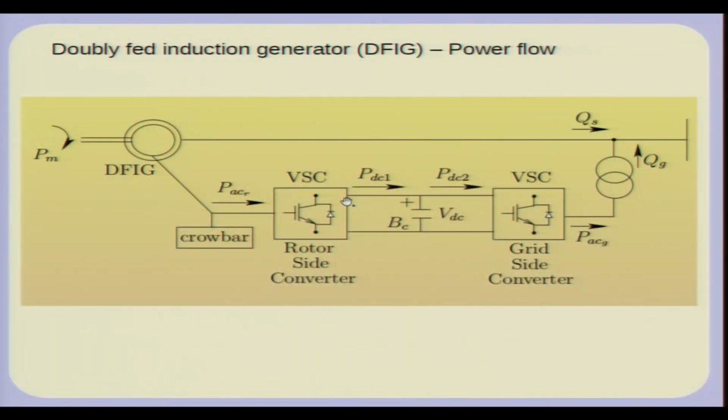A doubly fed induction machine, on the other hand, connected in this configuration, can operate at speeds greater or less than the supply frequency. Okay. So, this is one interesting thing, it can still act like a generator even if the speed is less than the supply frequency. So, how can this be achieved?